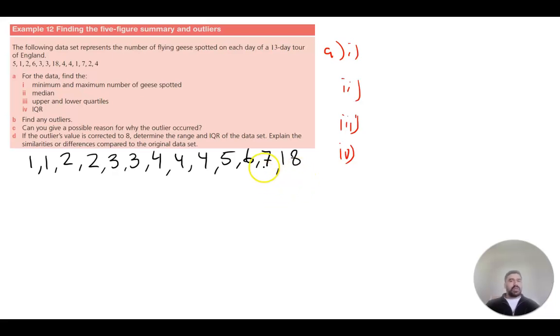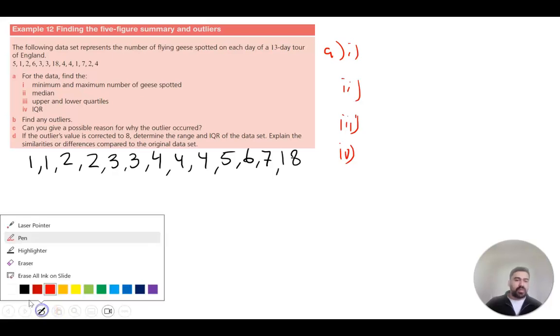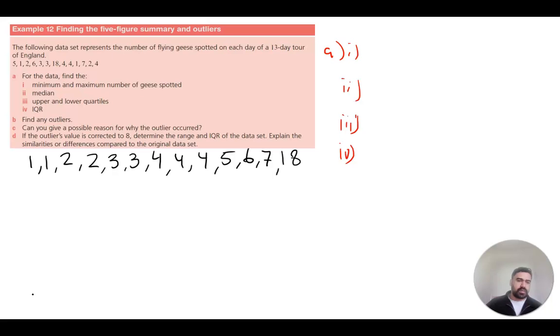To others, it's like, oh, 18, nice, that might belong to the set. We'll see. Now, 13 days: 1, 2, 3, 4, 5, 6, 7, 8, 9, 10, 11, 12, 13. It's good to double check that you have 13 numbers. We're going to be looking into the median, minimum and maximum. So min is a simple 1, max is 18.